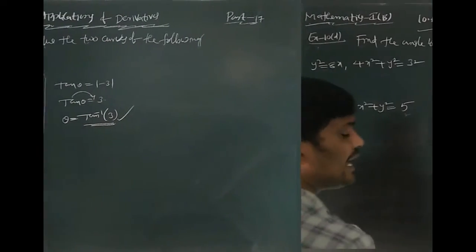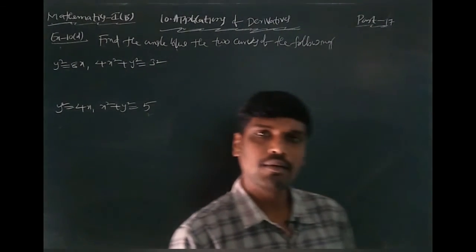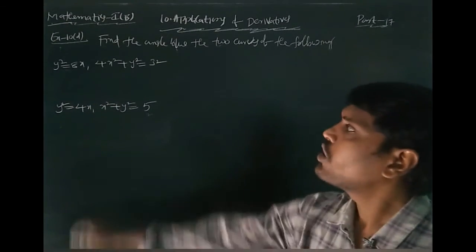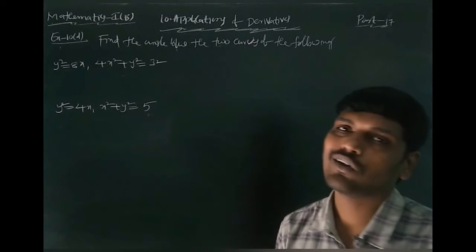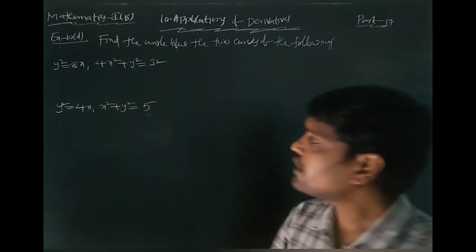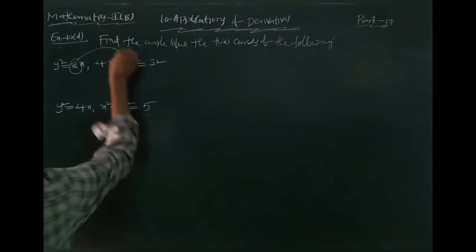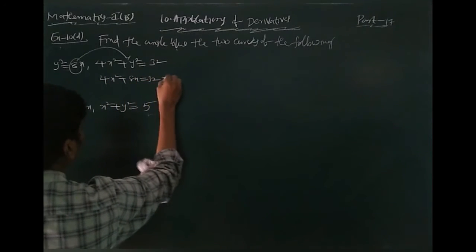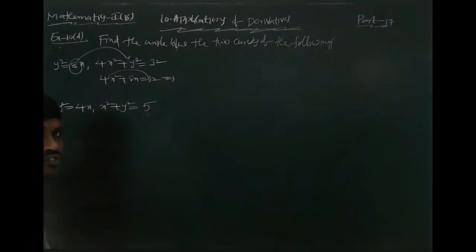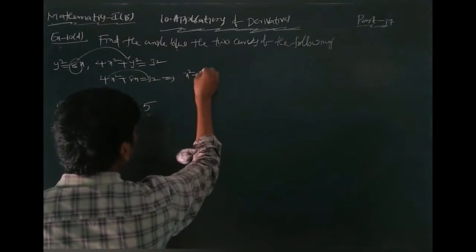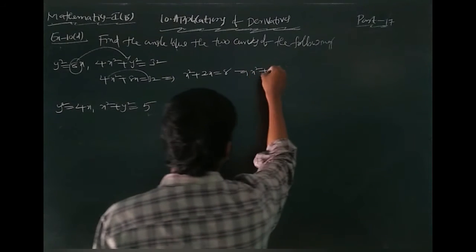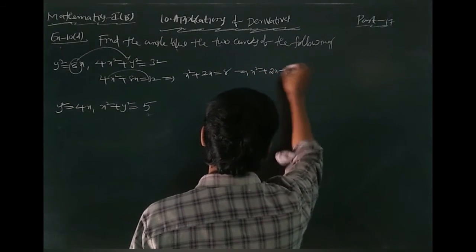Next, today's assignment problems are homework problems. The first problem: y square is equal to 8x is given, and 4x square plus y square equal to 32 is given. Here, substitute y square equal to 8x in this place. 4x square plus 8x is equal to 32. Take 4 common from all terms: x square plus 2x minus 8 equal to 0.